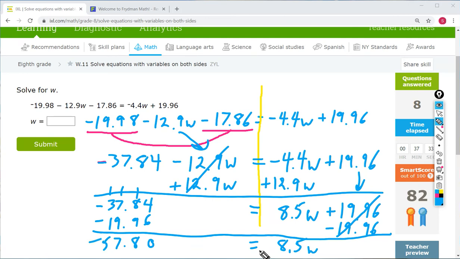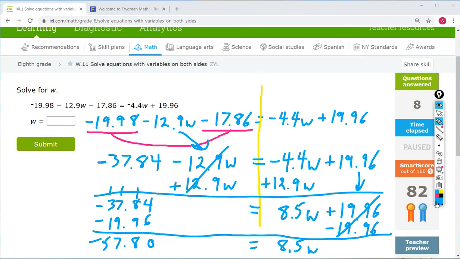Same symbols, add, and keep the symbol. All right, now my last step is going to be to divide both sides by 8.5. I don't know if you can see it. I'm going to divide both sides by 8.5 to cancel this out over here.